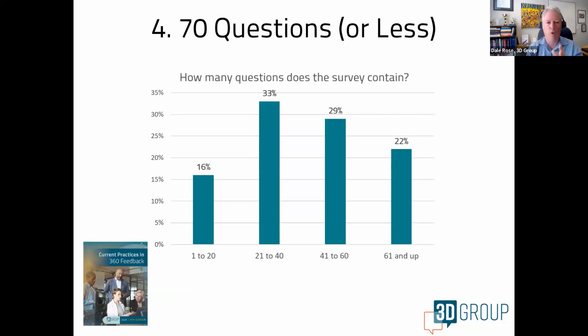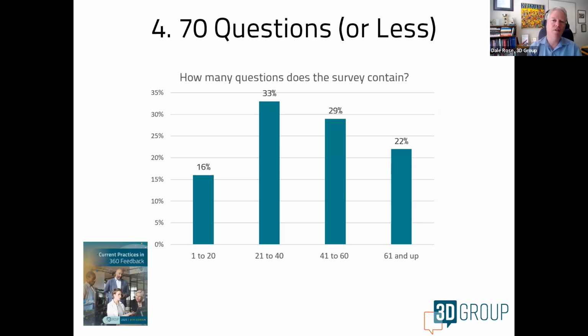Our data showed this is about right. And that 40 is probably your mode in terms of what survey length is. I think when you get down to the 1 to 20 range, you're likely going to lose a lot of the depth and richness in a leadership model. So I would be a little careful under 20. 40, I think, is probably your sweet spot if you're looking for short.